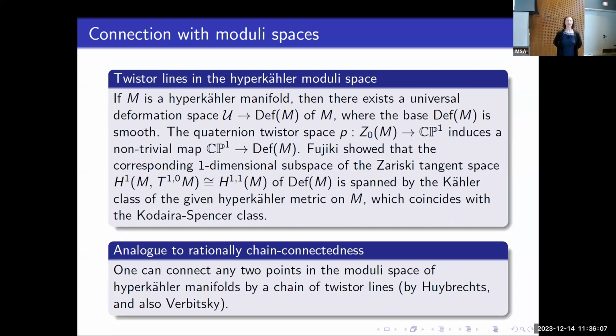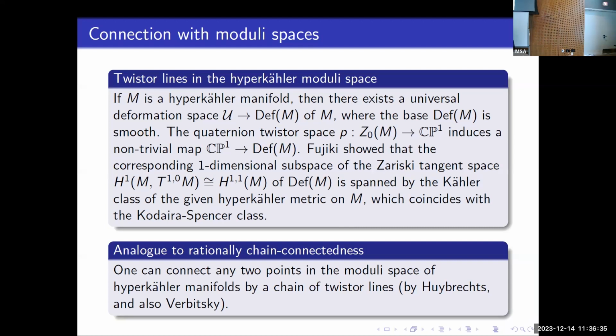Okay. So if you have a hyperkähler manifold, then there exists a universal moduli space described by basic twistor theory, because you can compute H0 with coefficients of the holomorphic tangent bundle.